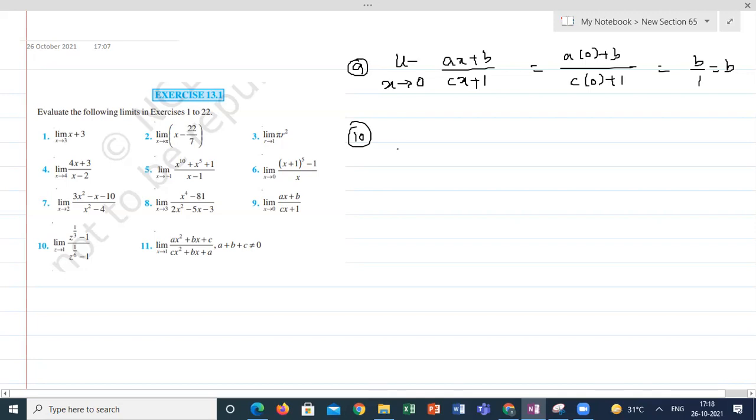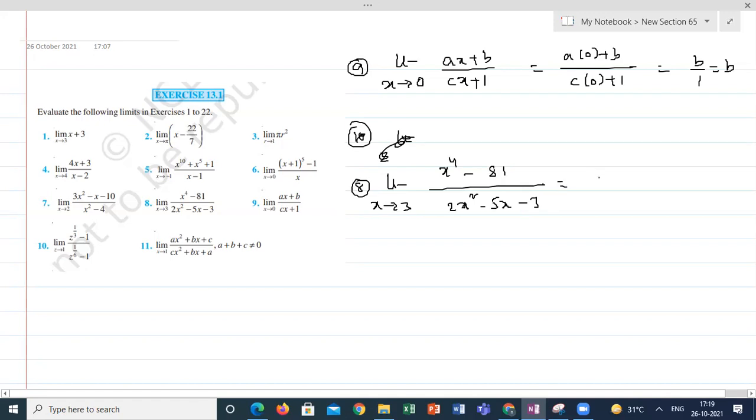10th question. Limit z tends to 1. Sir, eighth one. Yeah, sorry. 8th question. Limit x tends to 3, x power 4 minus 81 divided by 2x square minus 5x minus 3.